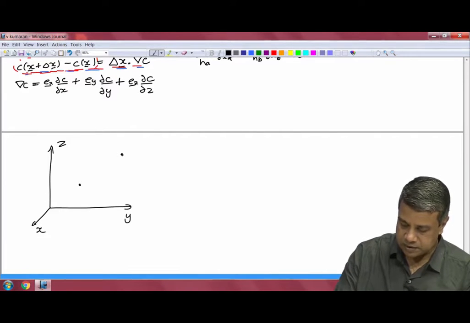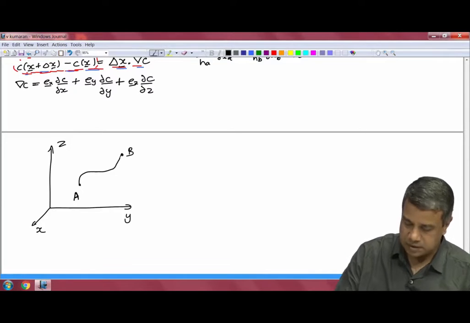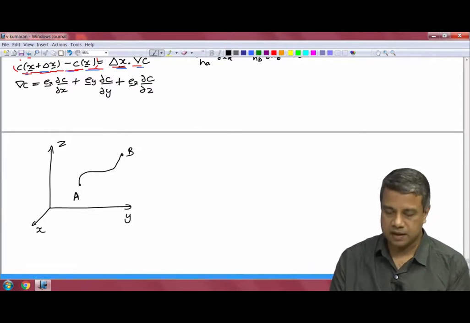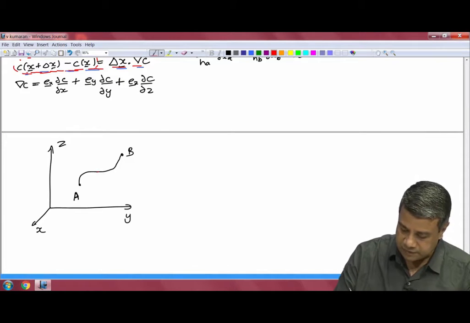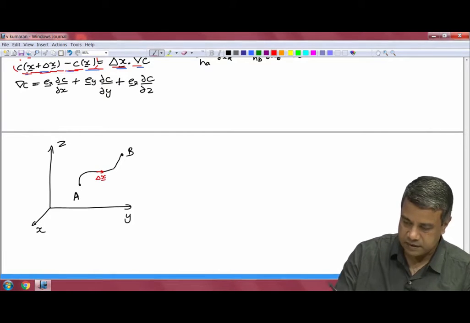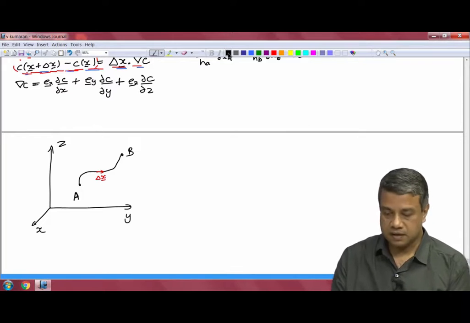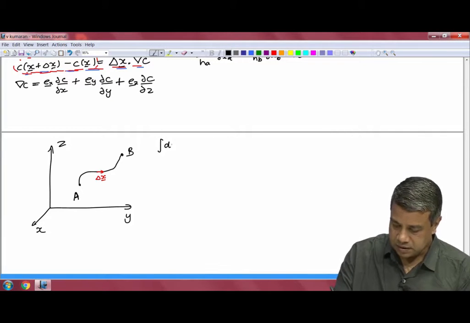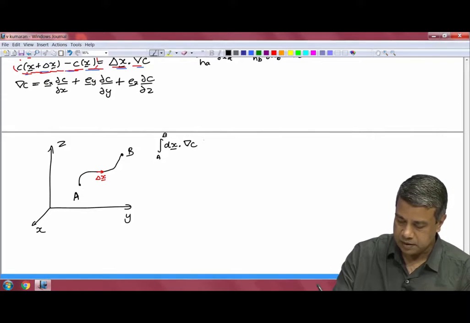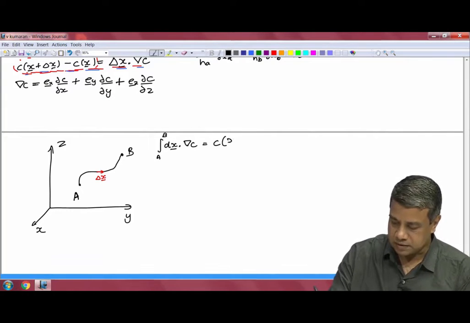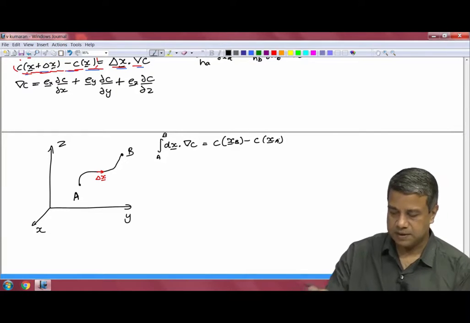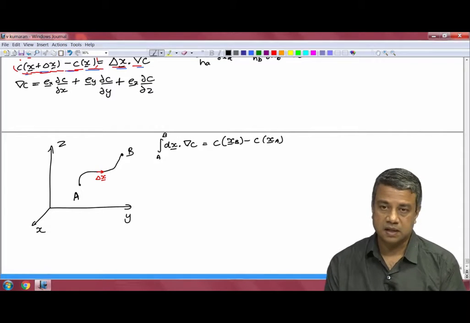If I have 2 points A and B connecting along any path, if I define a differential displacement as delta x vector along this path, the integral relation is that the integral of dx vector dot grad C between A and B is equal to the concentration at the final location x b minus the concentration at the initial location x a. So, that is the integral relation for the gradient.